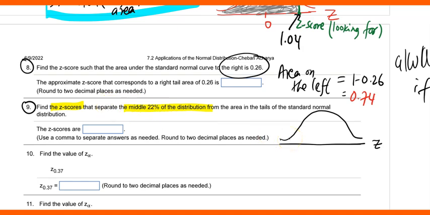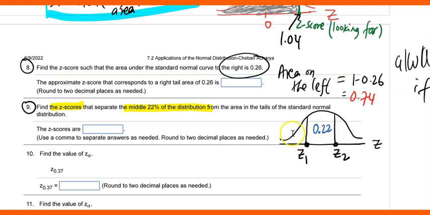Therefore I'm looking for pretty much these two points here. I'll call this z1, this z2, and this middle area here, 0.22, is the middle area. In other words, 22% of the distribution is in the middle. That means this area must be 0.22.